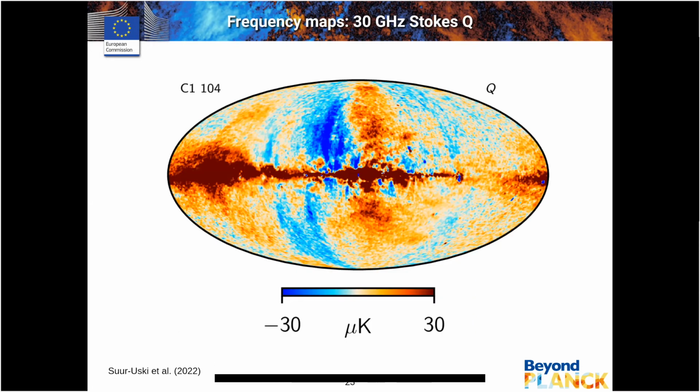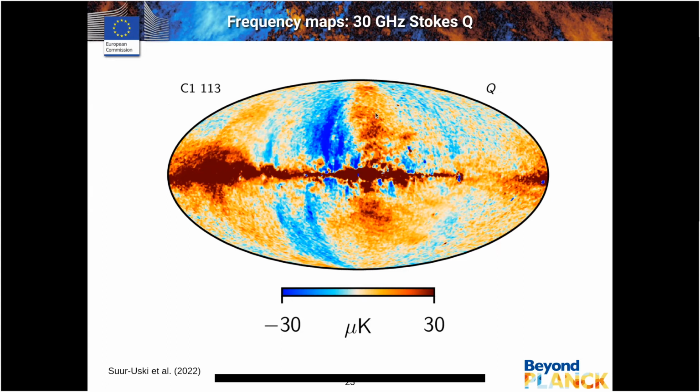So we have an ensemble of all of these frequency maps. This is the CMB at Stokes Q, and for each sample number we have different realizations of what the map looks like as the other parameters in the chain take very slightly different values.